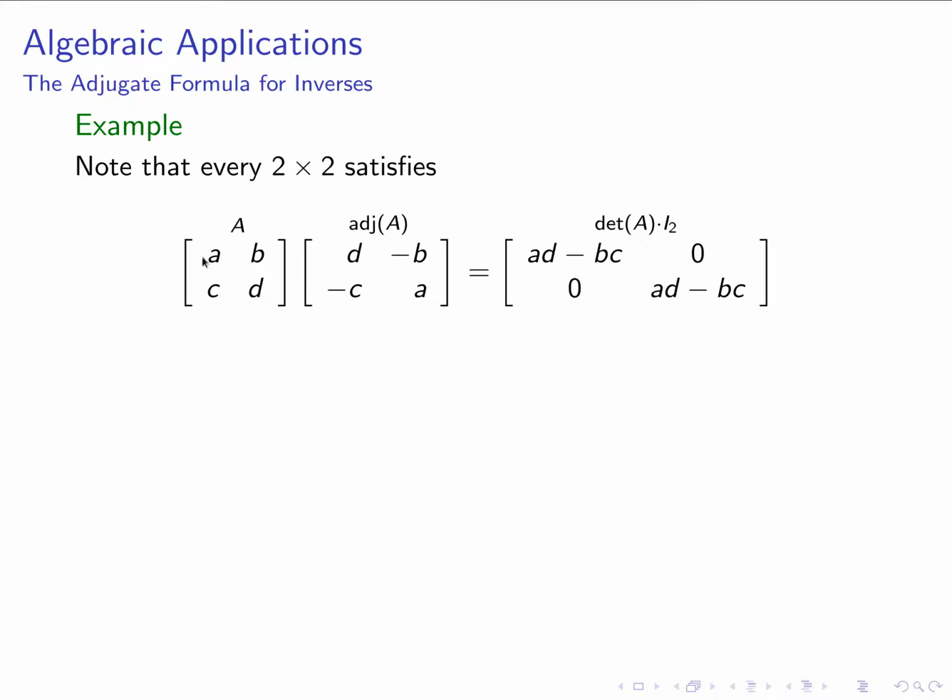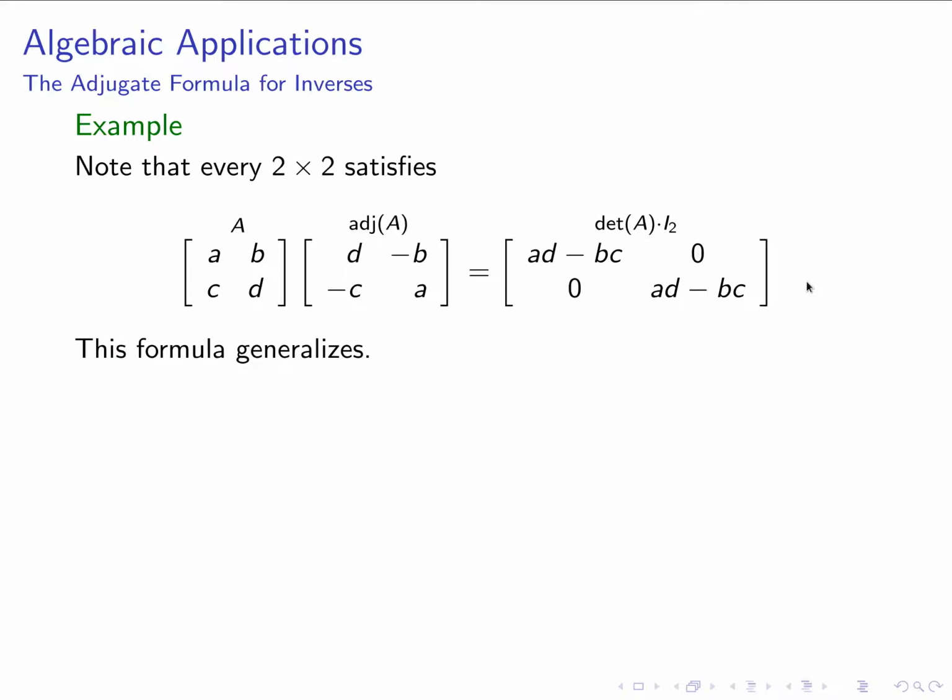We found earlier that for a 2x2 matrix with rows A, B and C, D, the determinant is A times D minus B times C. So by multiplying A by the adjugate on the right, we produce the determinant of the original matrix multiplied by the 2x2 identity matrix.